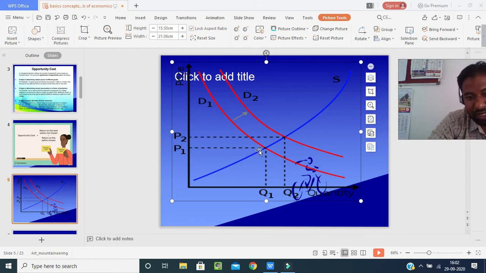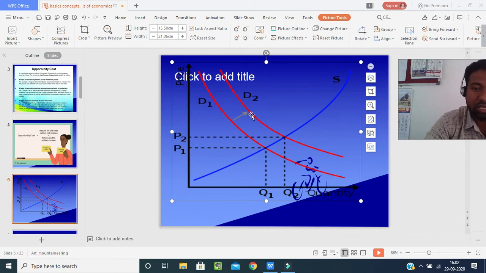When P1 and Q1, price and quantity, are there, the demand will be this much. When the demand is increasing, automatically the manufacturers will increase the price and the quantity also. So which opportunity is good, D1 or D2, and how much they are selling, or how much difference is coming.